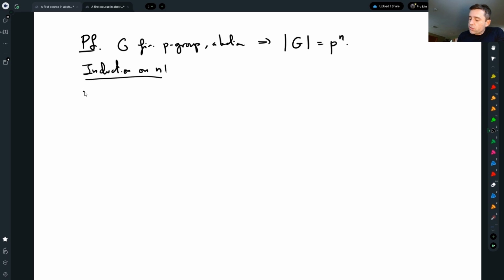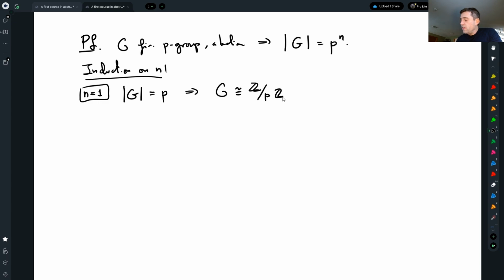So if N is equal to 1, then the size of G is P, and that implies that we have seen that a group of prime order is cyclic, so G is isomorphic to Z modulo P Z, which is isomorphic to Z modulo P cross the subgroup that is the identity, so that's my H, and therefore the case of N equals 1 is proved.